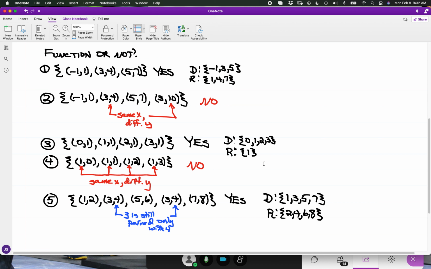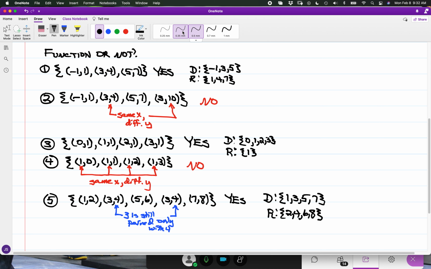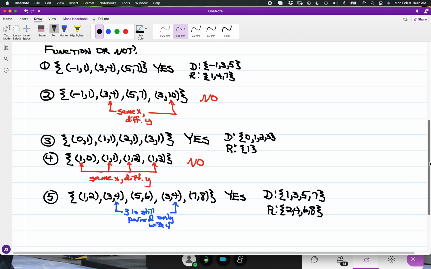Now, expanding the horizons of what constitutes a function. An ordered pair is a granular way of looking at whether the relation is a function.